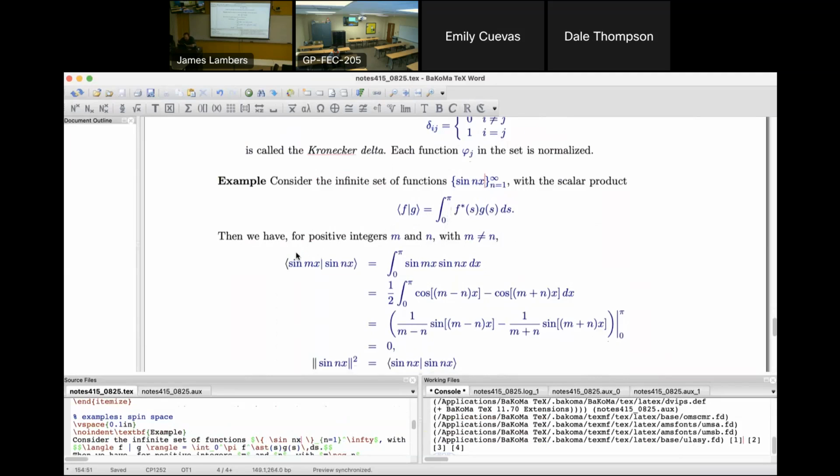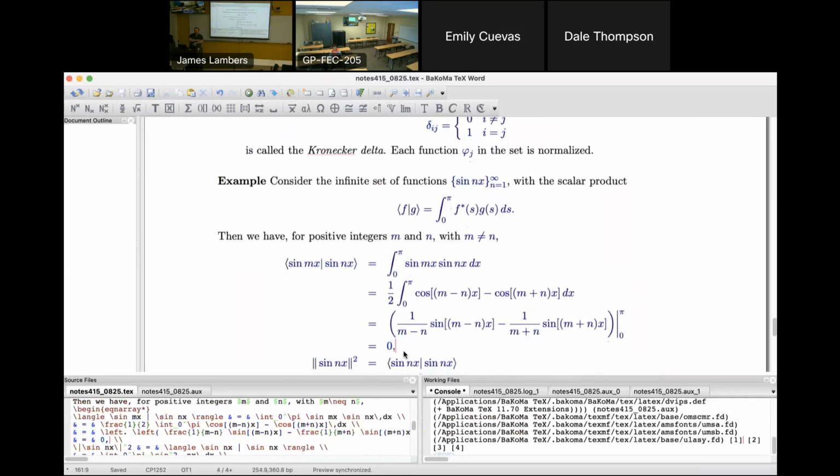If I take the scalar product of two of these sine functions, sine mx and sine nx, I can write out what that is, and then use what's called a product to sum identity. It's one of your trig identities that you've probably forgotten. I forget those all the time too, so I just write them again. Then this is written in a form where it's possible to integrate. And when m is not equal to n, you end up with 0. So that means that these functions are orthogonal.